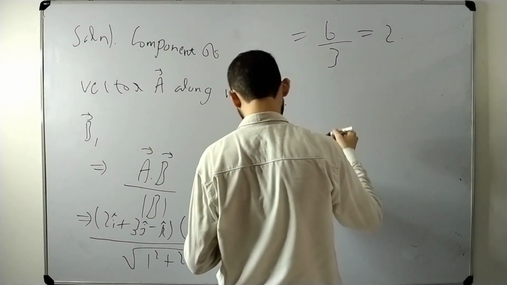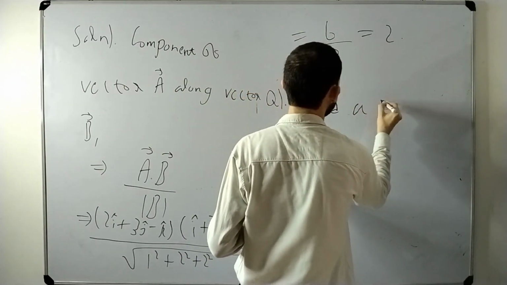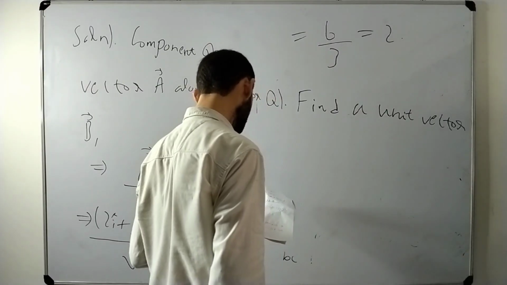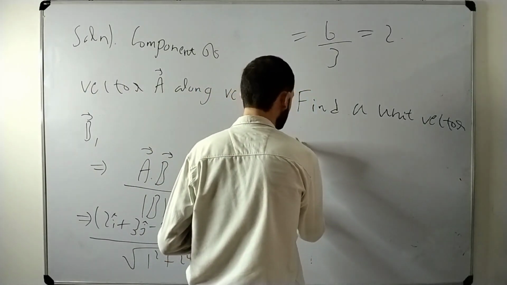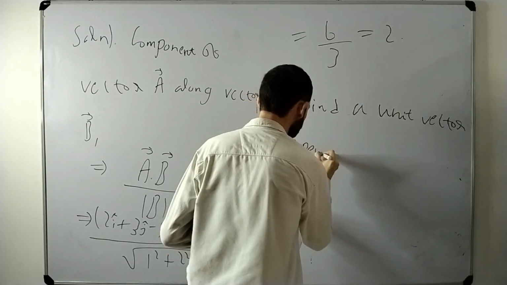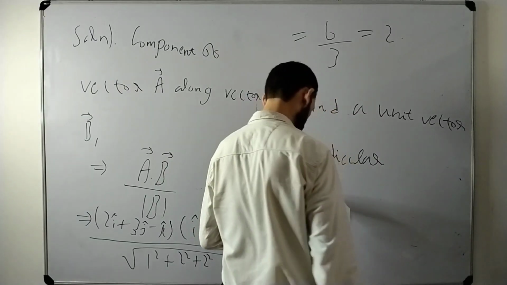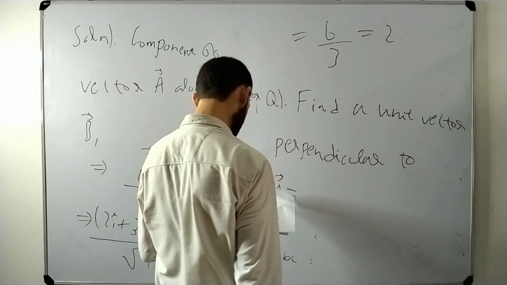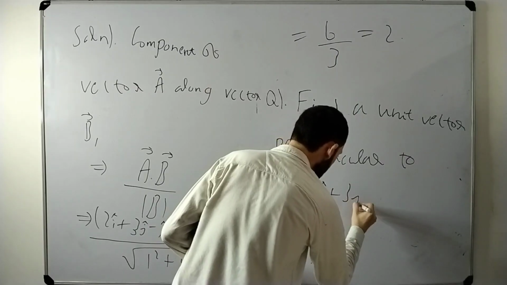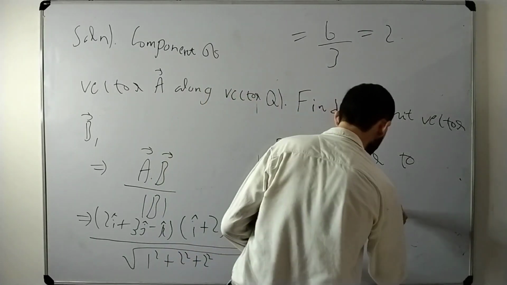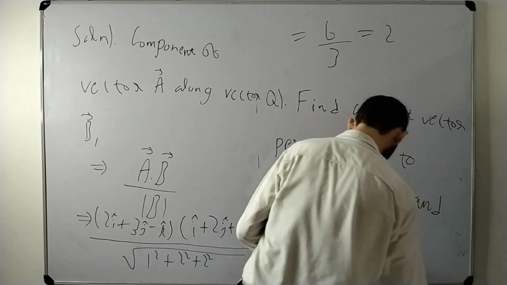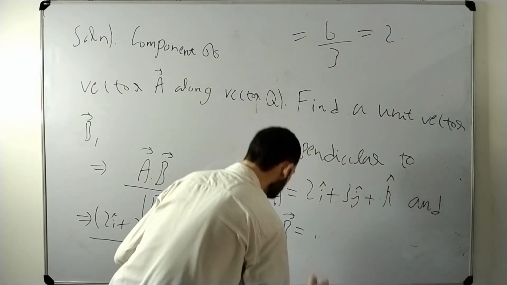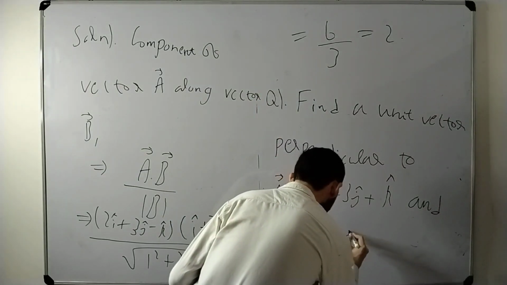Find a unit vector perpendicular to both A, which is 2i cap plus 3j cap plus k cap, and B vector, which is i cap minus j cap plus k cap.